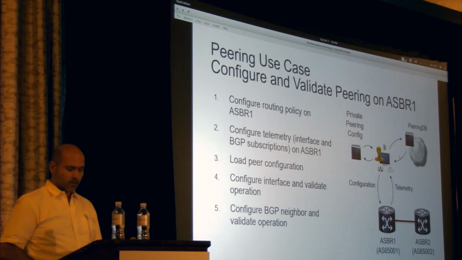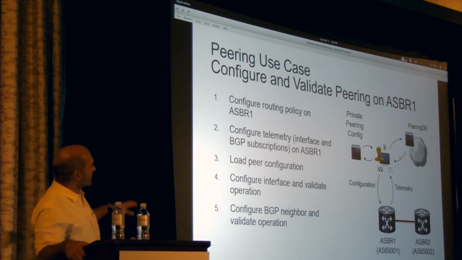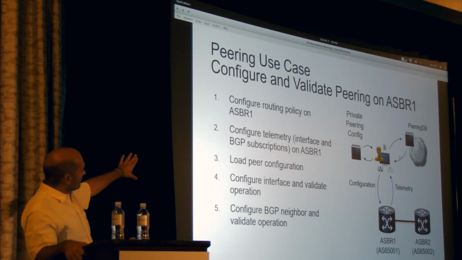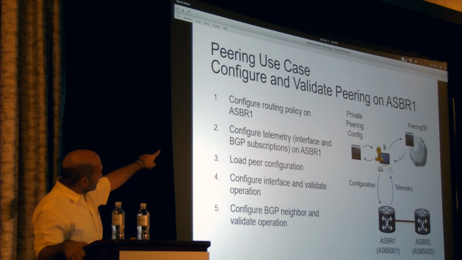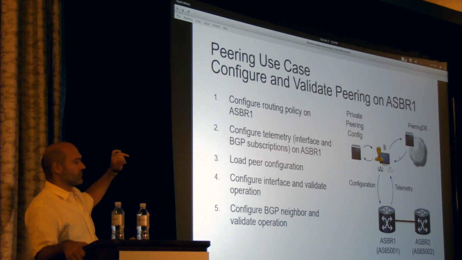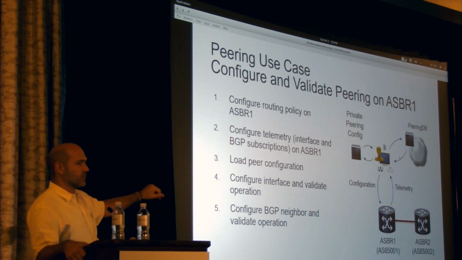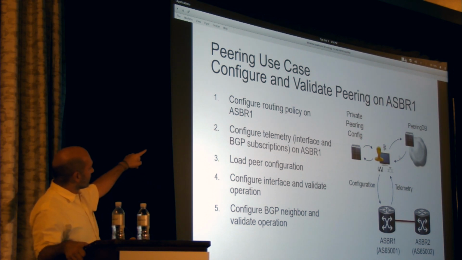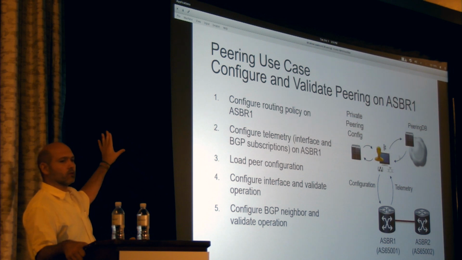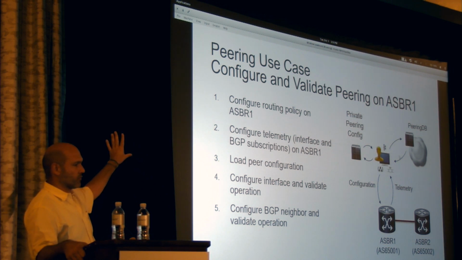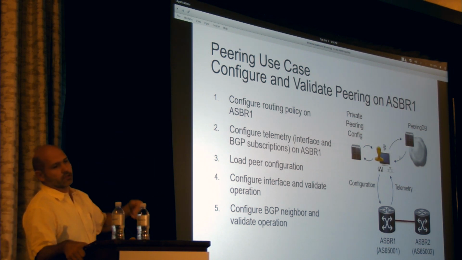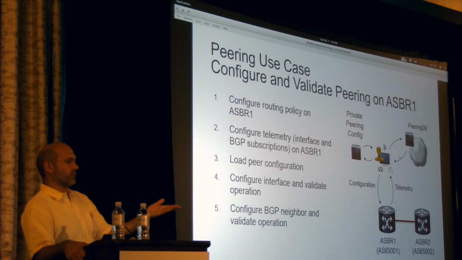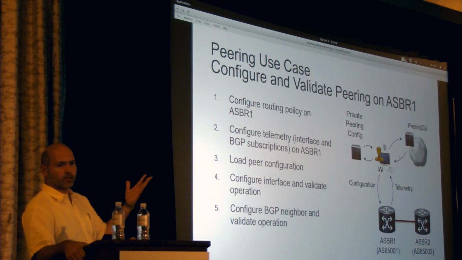Okay, so the entire flow would be as follows. The 2 initial steps are day 0 configuration. First, it's enabling ASBR1 with a particular routing policy that is going to be used for peering. If you're going to push peering configurations, the device may already have routing policies pre-configured, because these routing policies are typically reused across many peers, right?